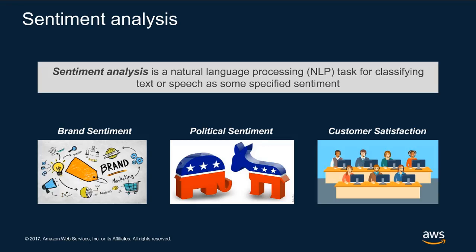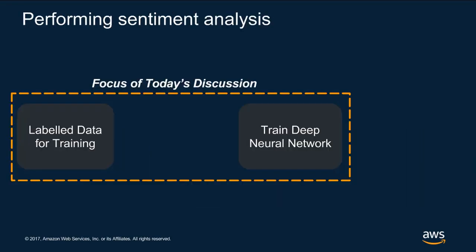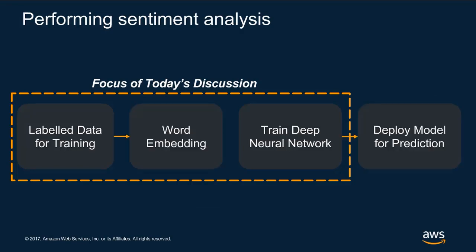So moving on, we want to talk about the overall pipeline of implementing sentiment analysis. We'll take this as a four-step process here. Up front, we'll talk about the labeled data that's going to be used for training.